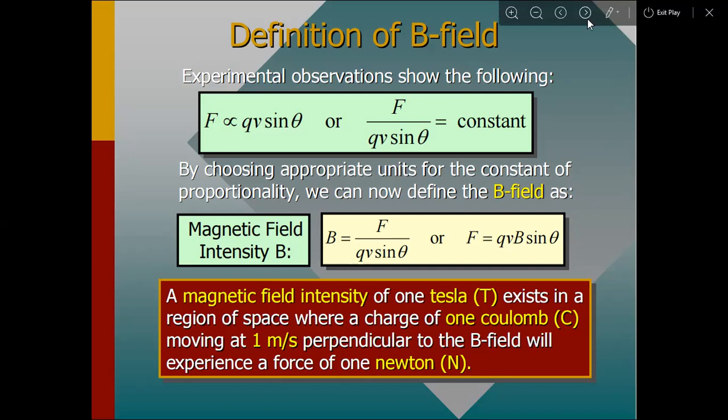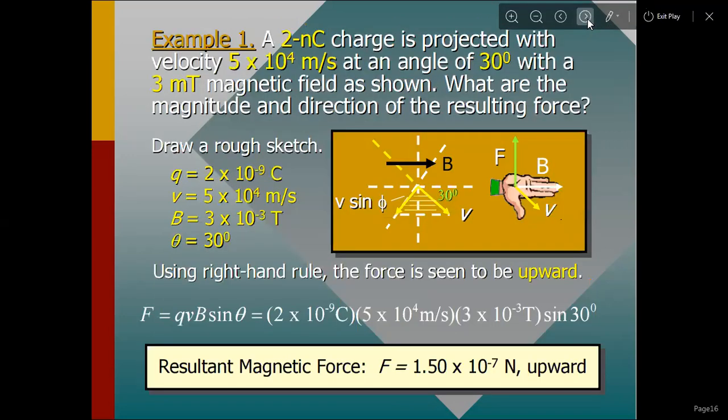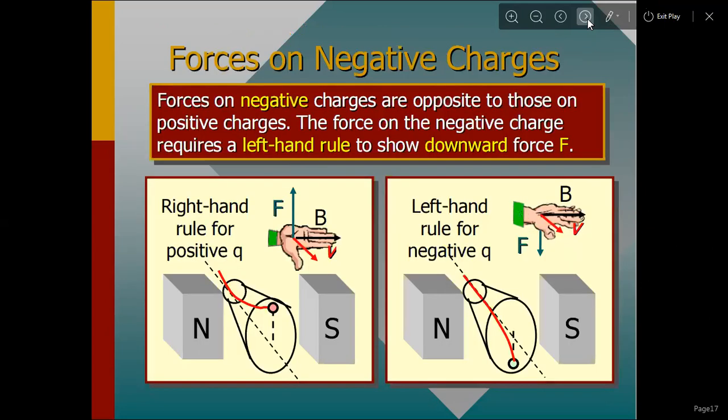So this is the main definition of B field. This is an example to measure application of this magnetic field formula. Now, force on a negative charge: this is the right hand rule, and this is the left hand rule. You must know about this to measure the magnetic field B.